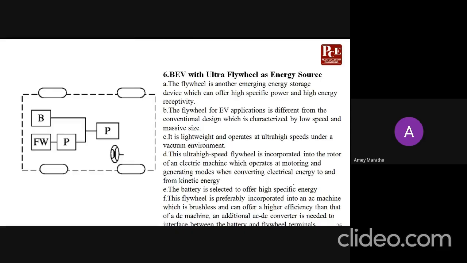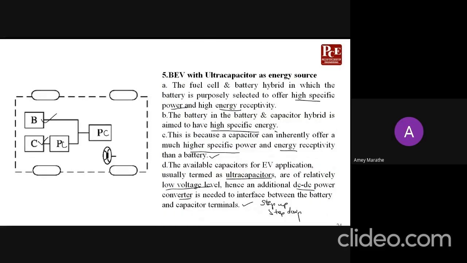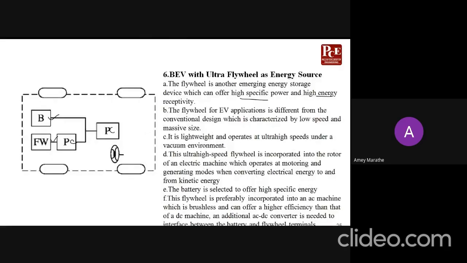And the last one is again battery with flywheel and power converters. The flywheel is another emerging energy storage device which can offer high specific power and high energy receptivity. So you see what is common between ultra capacitor and ultra flywheel: they both offer high specific power and high energy receptivity.